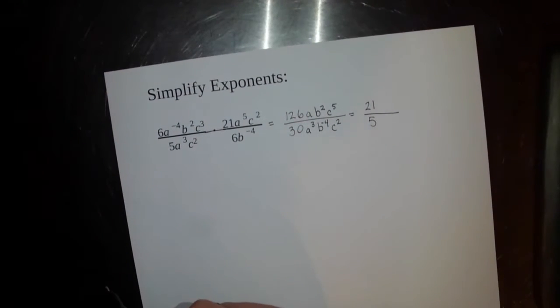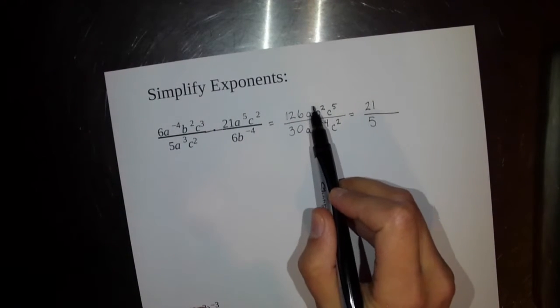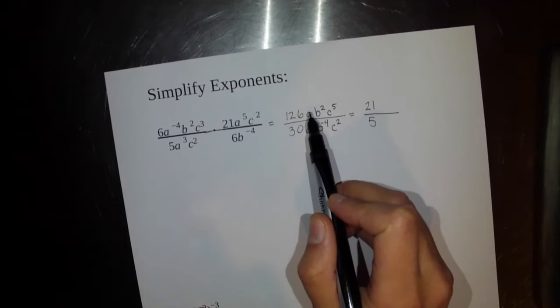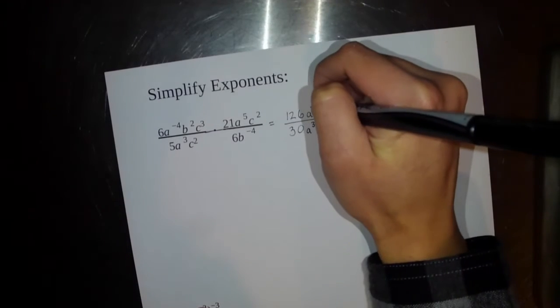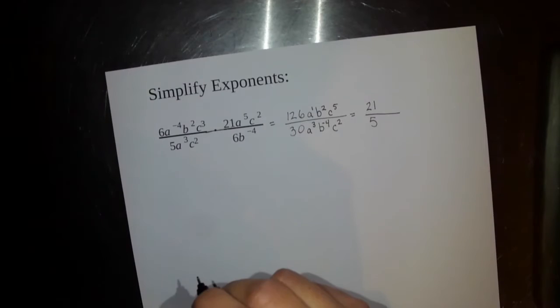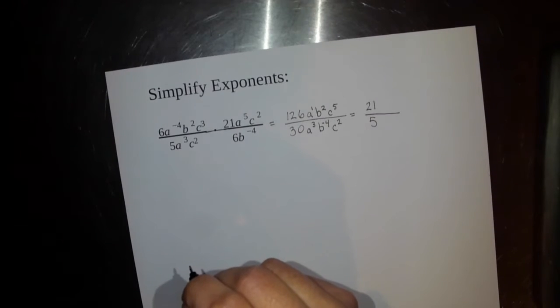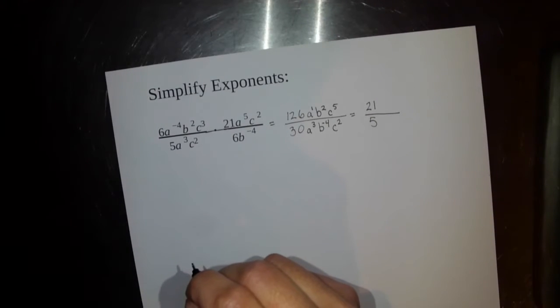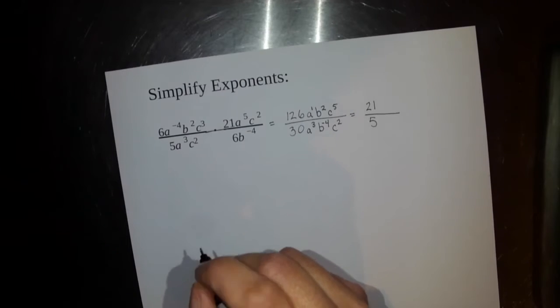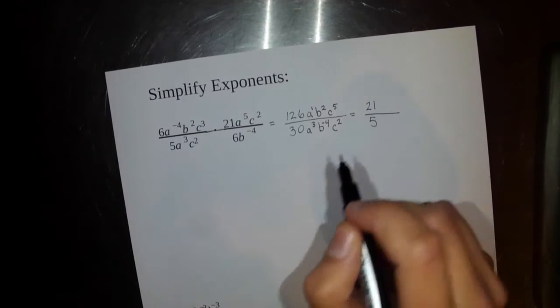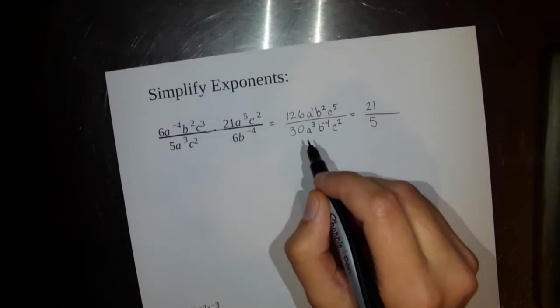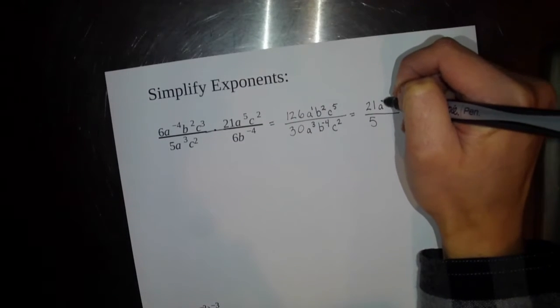Now I'm going to do my subtraction rule with the exponents. So for the subtraction rule, you do the top minus the bottom. So a does not have an exponent, it has a little invisible exponent of 1. So 1 minus 3 is -2. When you subtract the exponents, they go in the top always. So I subtract, I get -2, so it's a to the -2.